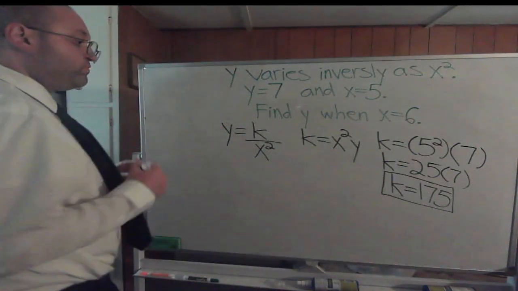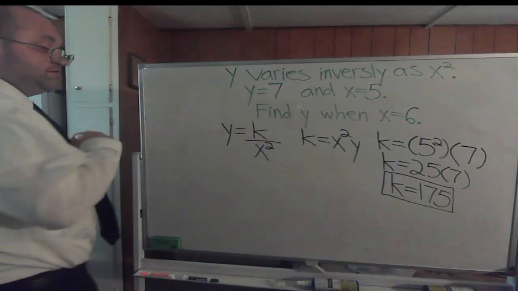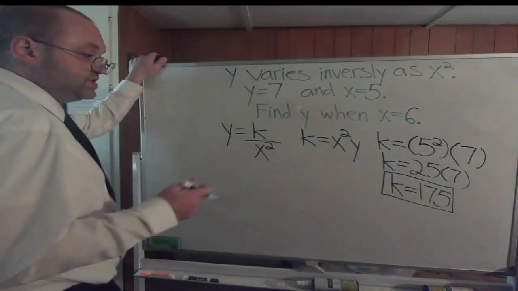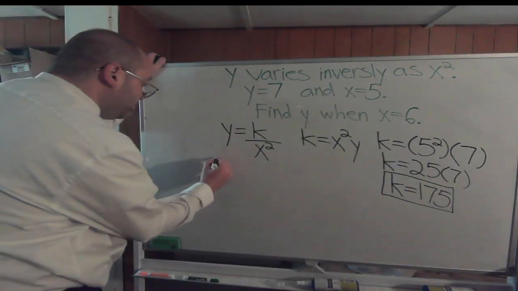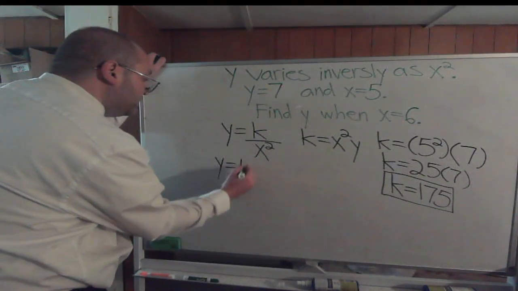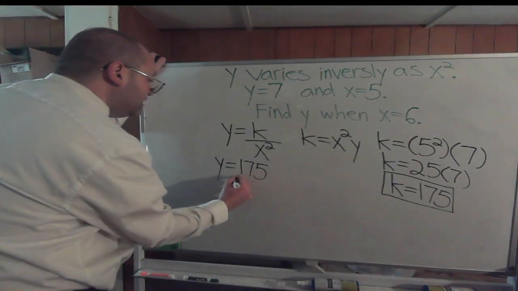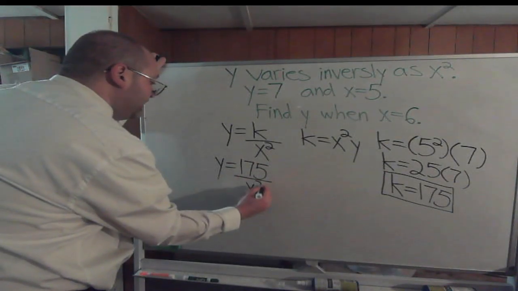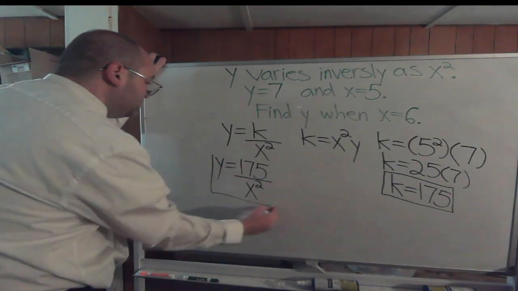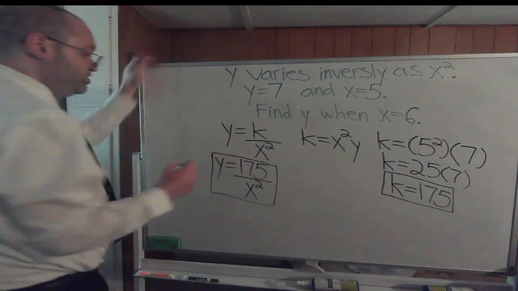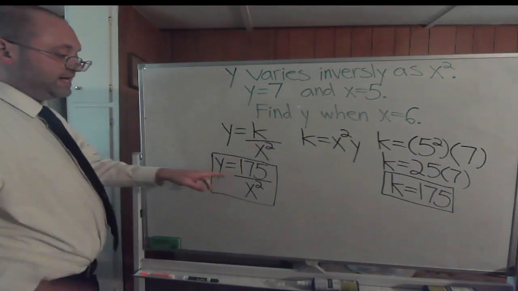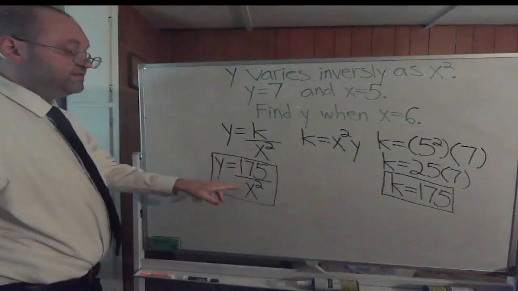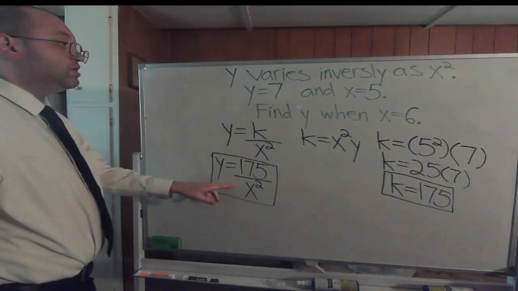Now we need to find the equation of inverse variation. That's simply going to be y equals 175 over x to the second power.